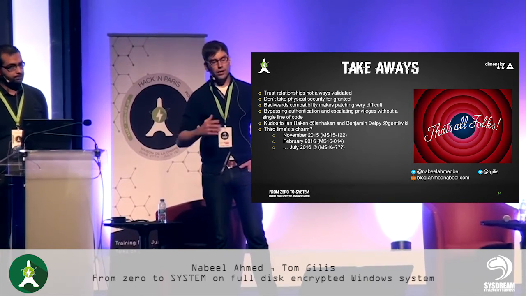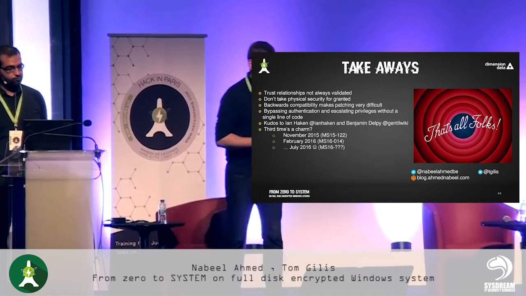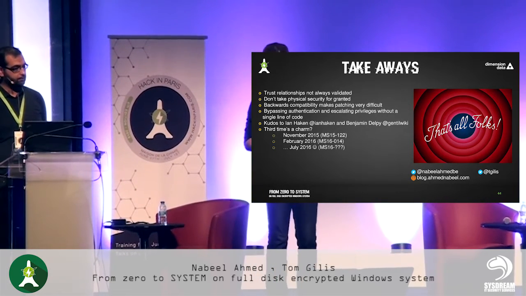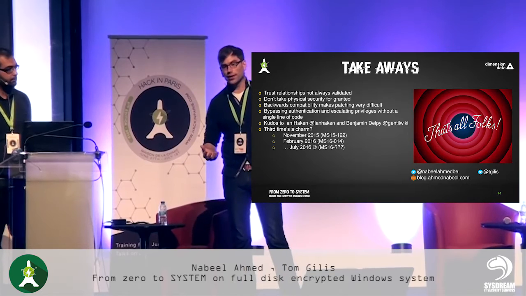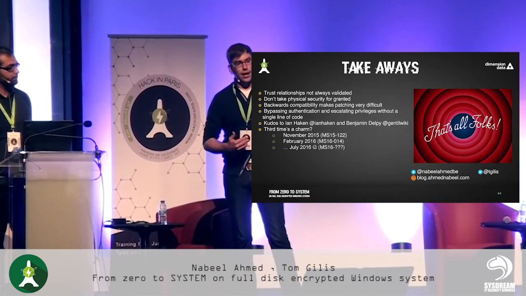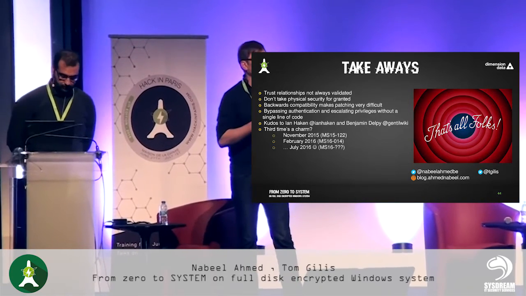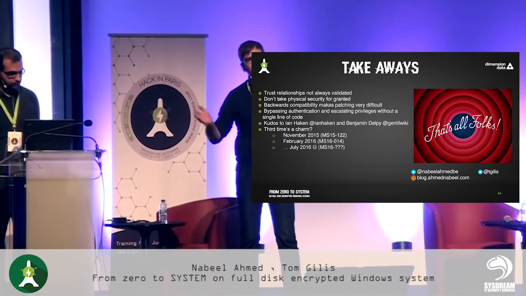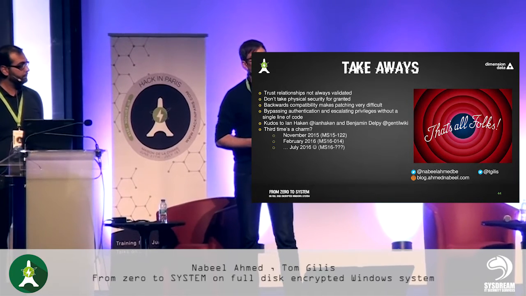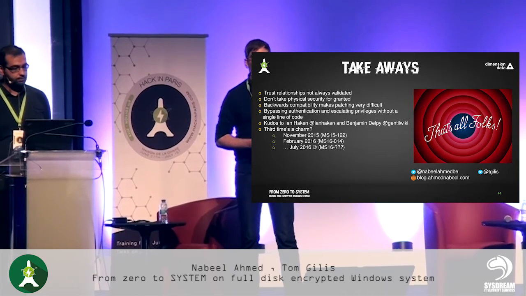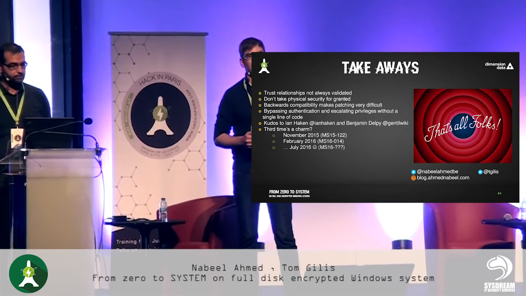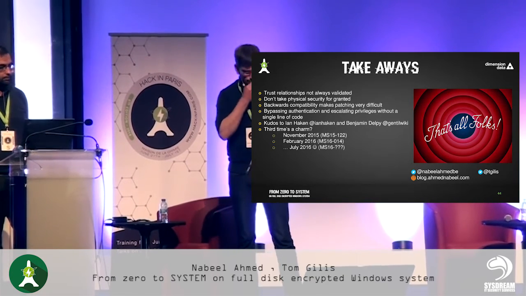While he used some other ways to demonstrate that, he already established that the trust relationship isn't always validated. And it came as a surprise to us as well. The only thing we want to say there is, do not assume that even an operating system which has been here for a very long time, like Windows, implements trust validation at every possible layer. So do not rely on that.